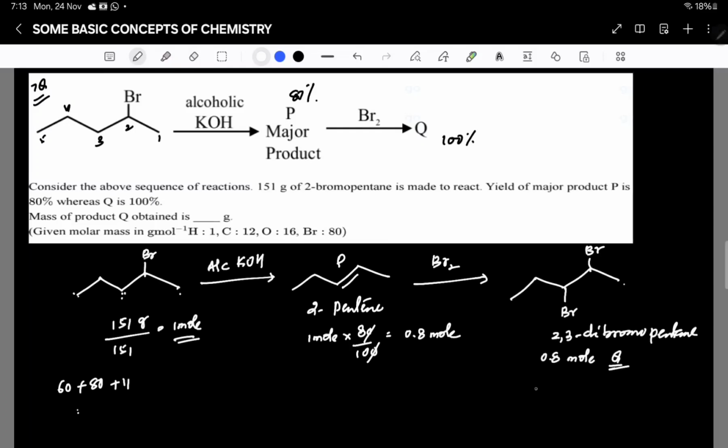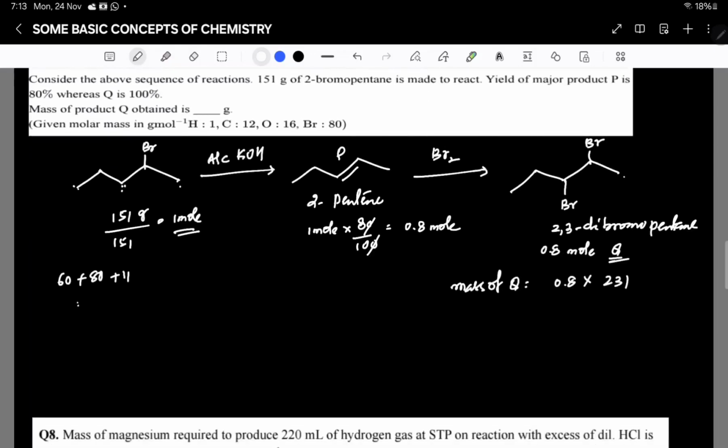So now, student, mass of Q is equal to 0.8 into 231, student. So 231 into 8: 8 3s are 24, 8 3s are 24, 8 2s are 16, 2, 18. So you will get, student, 184.8 grams of Q will be obtained.